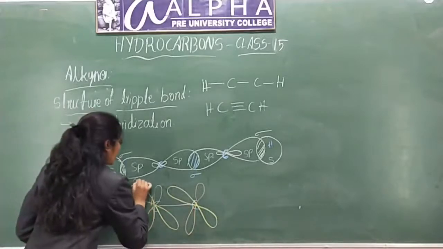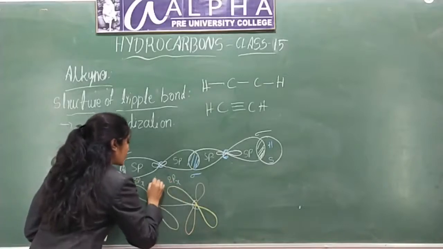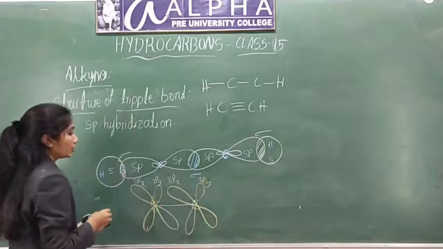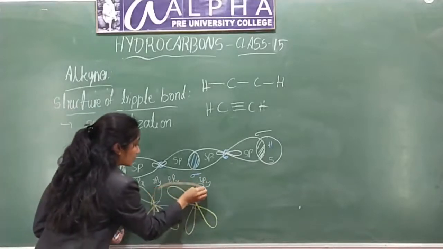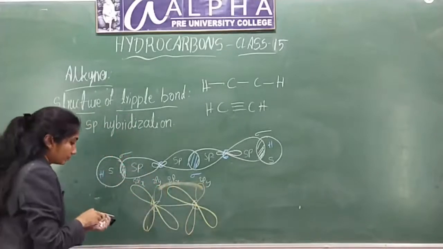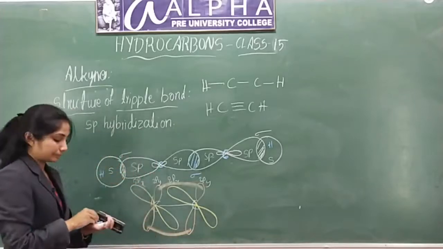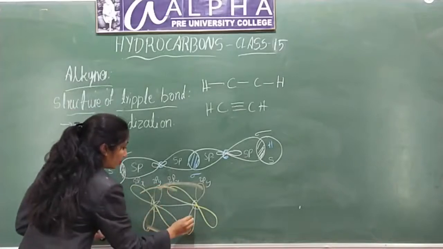This is 2px and this is also 2px. This is 2py and that is also 2py. So they will overlap. 2py and 2py will overlap above and below the plane like this, and 2px will overlap with 2px.